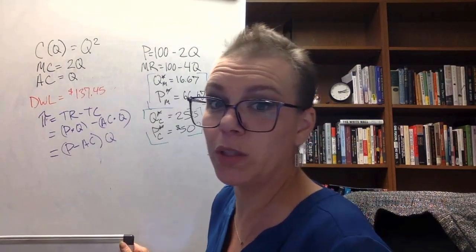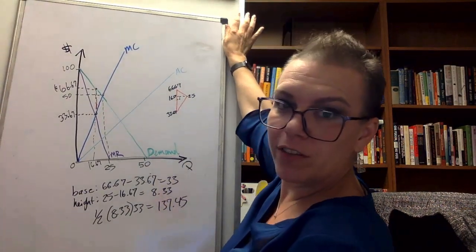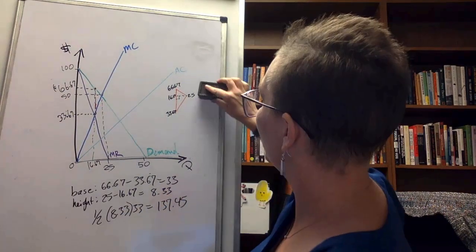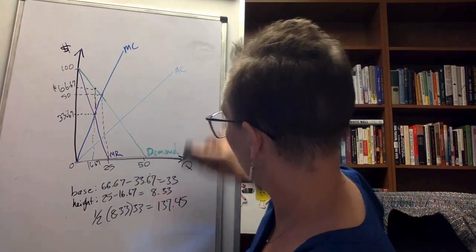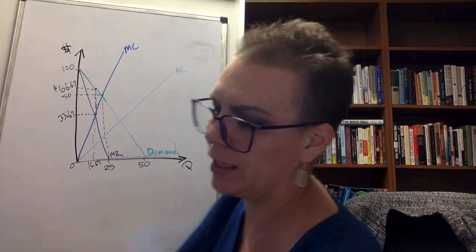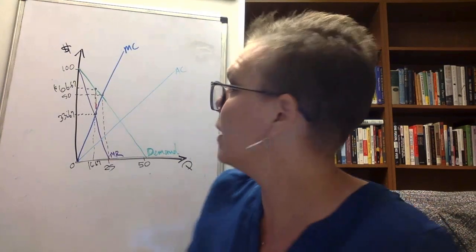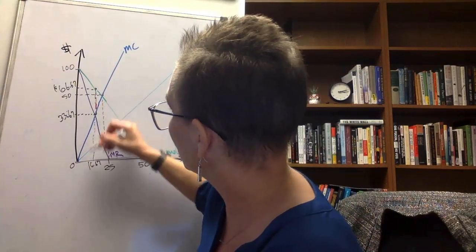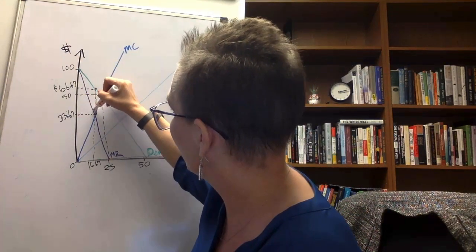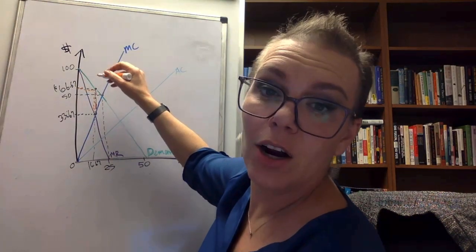But let's look at it visually also. So here we have the graph we've developed. I'm going to take the deadweight loss triangle out again. And now we have something new to calculate. Now we want to calculate profits. And profits are going to be this area here that is the quantity we produce, the price we charge, and our average cost.